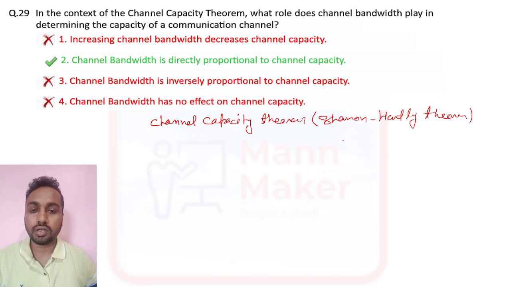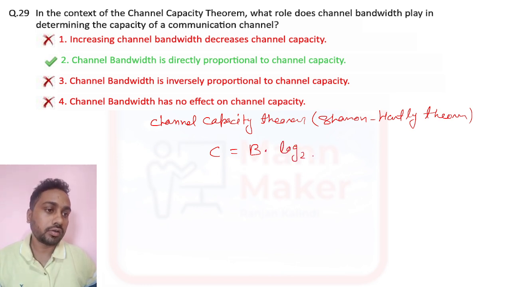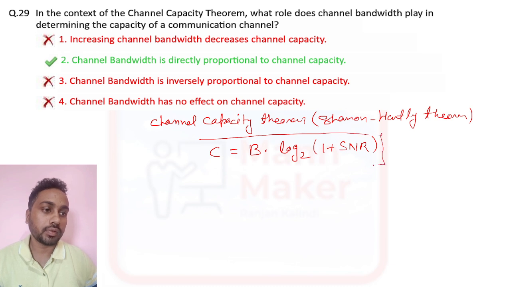If you see the channel capacity formula, channel capacity C is equal to B log base 2 of 1 plus SNR. This is the formula for the Shannon-Hartley theorem.